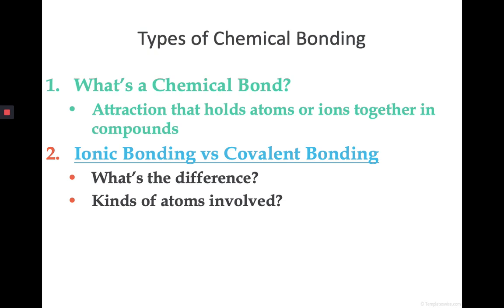When you talk of ionic and covalent bonding, I hope by now that you know the difference. Ionic bonding is participated in by a metal and a non-metal, while covalent bonding is participated in by nonmetals.